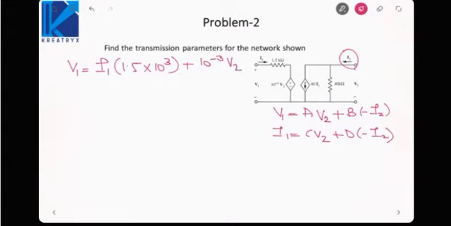So 4V1 plus 5 VOC. Why VOC? Because when I2 is kept 0, the voltage at the load end will be equal to the open circuit voltage. And what about I1? I1 will be 5V1 plus 4 VOC.